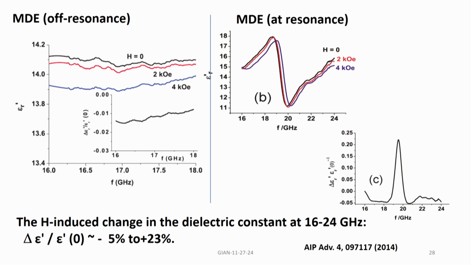Then plot the fractional decrease in the dielectric constant. It will show a peak at the resonance frequency, and this value here is close to 25% versus 1 or 2% here. So the overall magnetodielectric effect is amplified under this resonance.